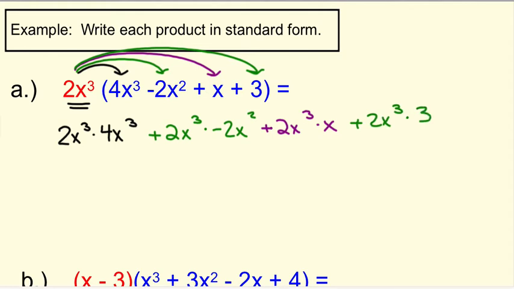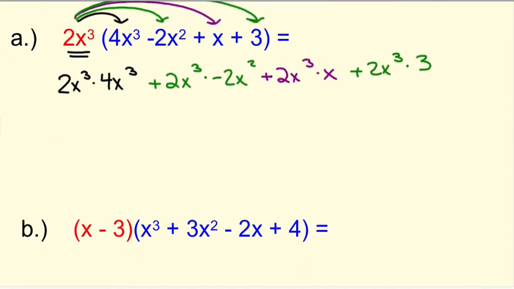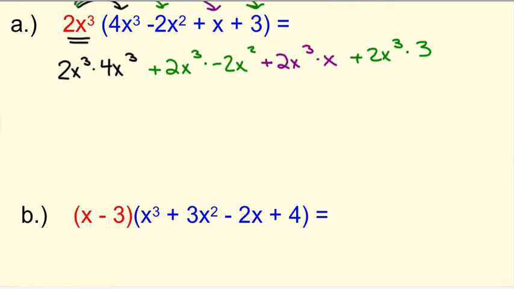All right, so now we clean it up. You want to multiply like pieces together. So you multiply the coefficients together: 2 times 4 is 8, and then x, and now you add those powers. So 3 plus 3 is 6. The next one: negative 2 and positive 2 become negative 4.